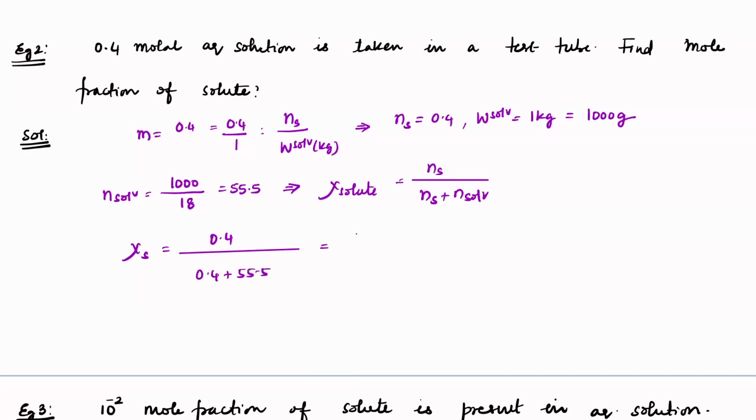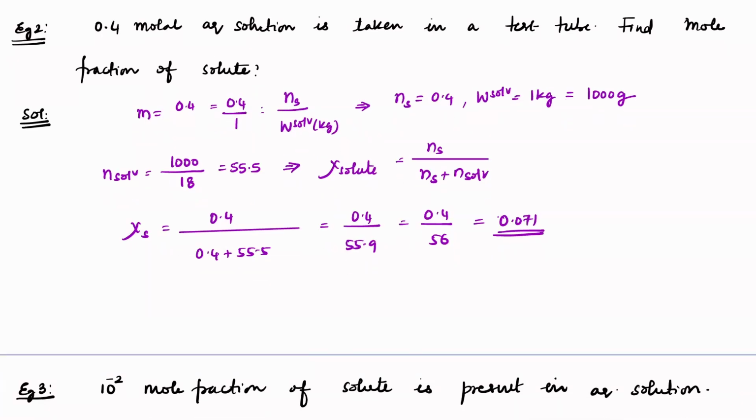So which is 0.4 upon 55.9, which I can approximate to 56. Got it? So 0.4 divided by 56, that is coming out to be 0.071. That is the value. Clear? So this is the mole fraction.